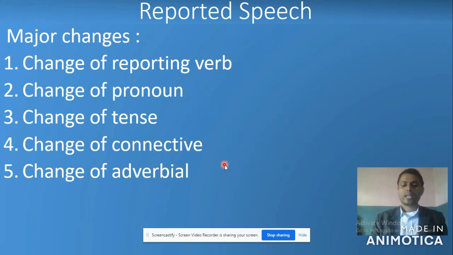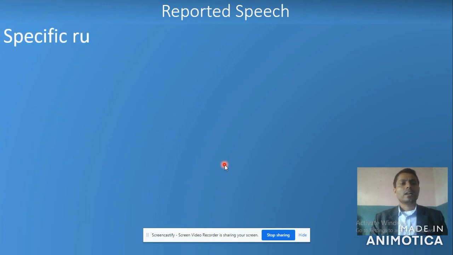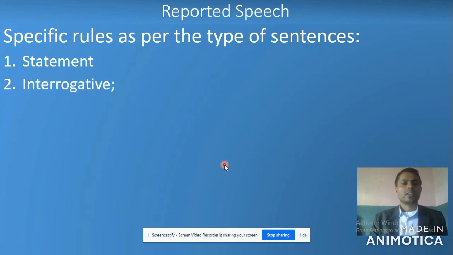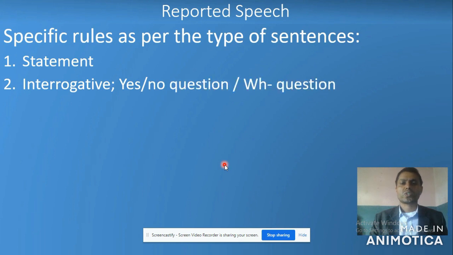Got it? Well, my dear student, now we have to learn how to change from direct to indirect from different types of sentences, right? English language has five major types of sentences, and each type has a particular rule to change from direct to indirect. Very first we begin from statement. Then interrogative, under it yes/no questions and wh-questions.